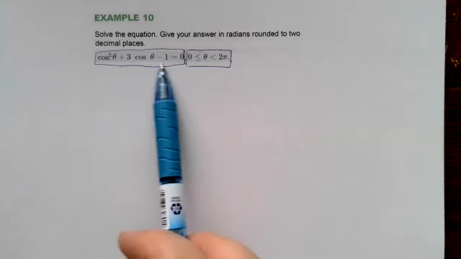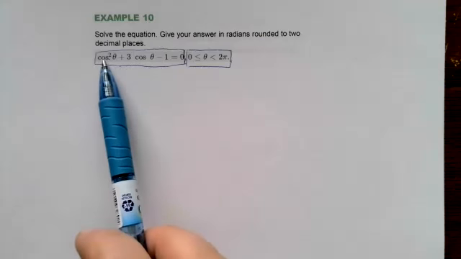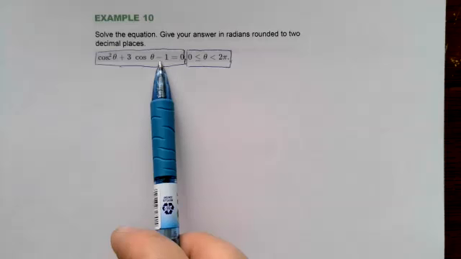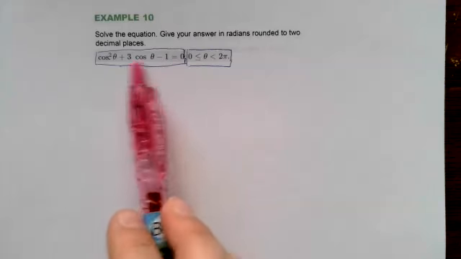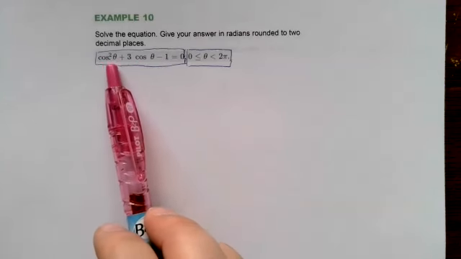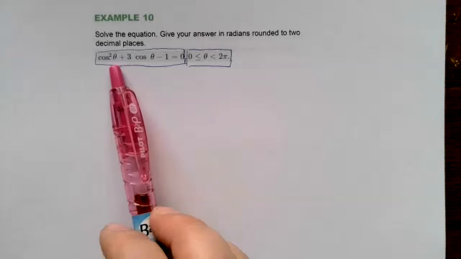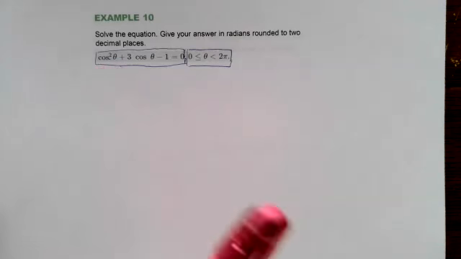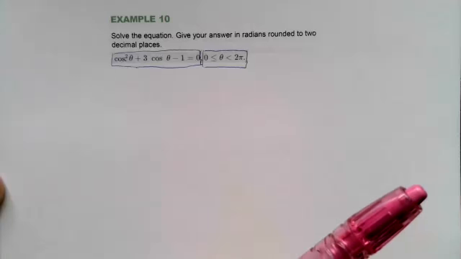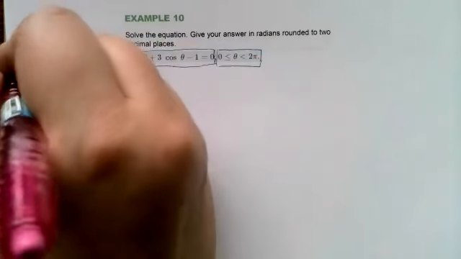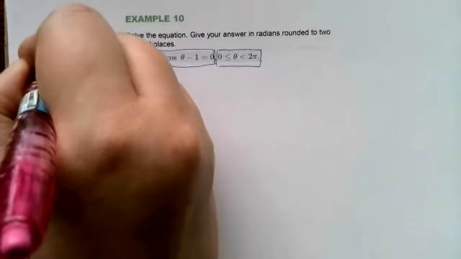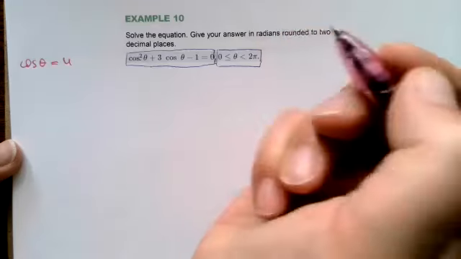So you have to recognize that this is a quadratic form. I could keep working with a cosine, but I think visually it's going to be easier for a lot of you if I make a u substitution. So I'm going to call cosine theta a u.